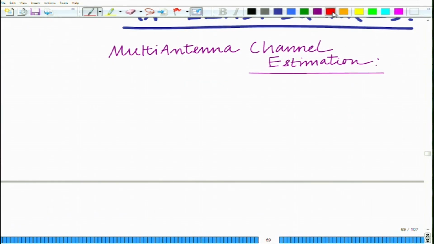Now, let us consider a system with multiple transmit antennas. So, you have a transmitter and this has multiple antennas.